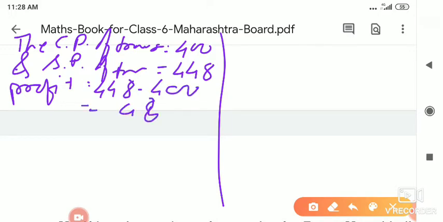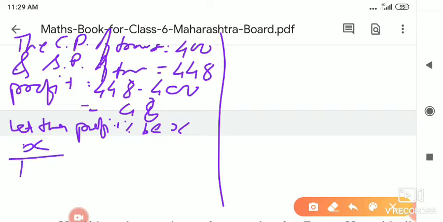Now I told you how to find the profit percent. Let the profit percent be X. So X upon 100 is equal to 48 upon its actual CP, that is 400.